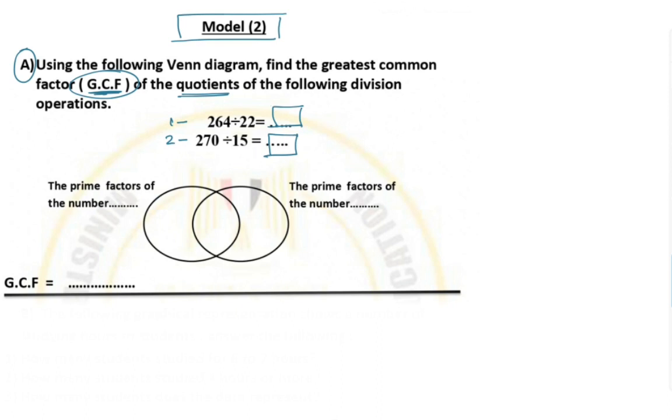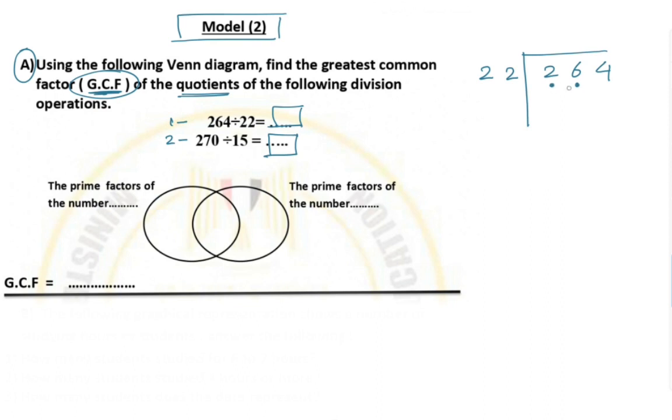Let's go. First, I know the way of long division. We have 264 divided by 22. Remember with me, start with the first digit from the left side. You have 2. Is it possible to divide 2 by 22? No way. So take the next number with you.